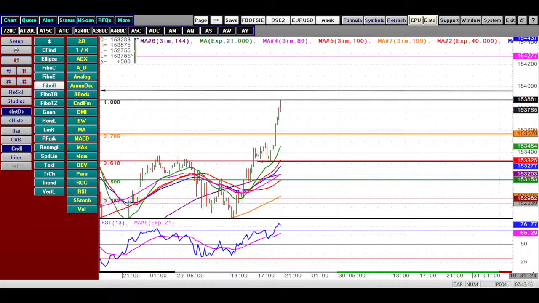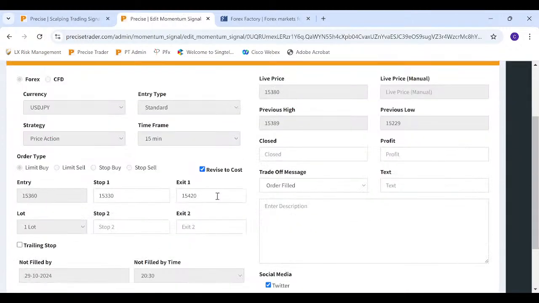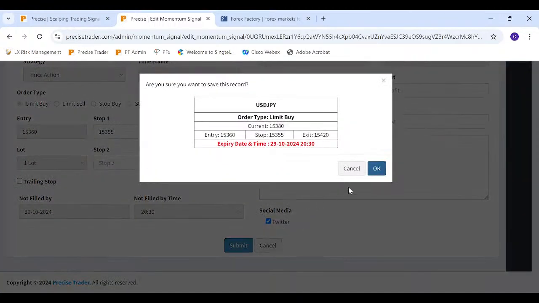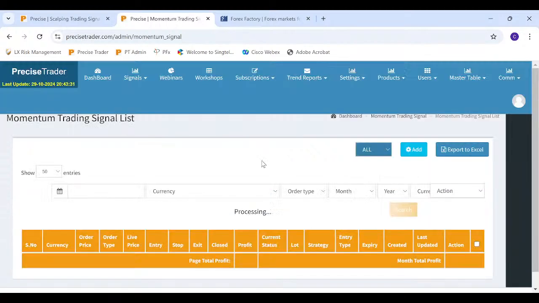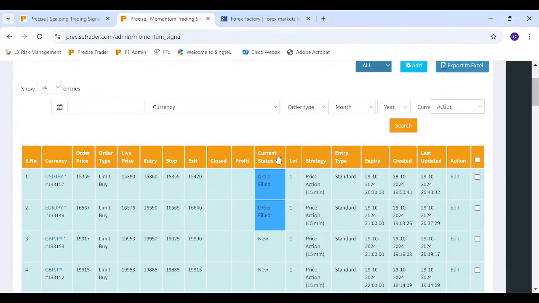Now we are going to revise our stop. We had it at 30. So now what we want to do is raise it to 55. That means in the event the price is a failure and the market moves lower, we only lose 5 pips on this trade.